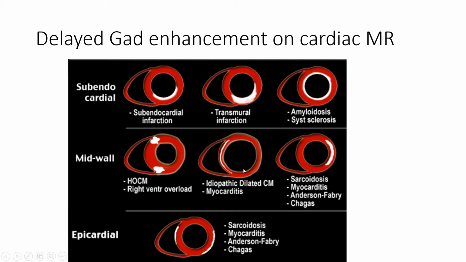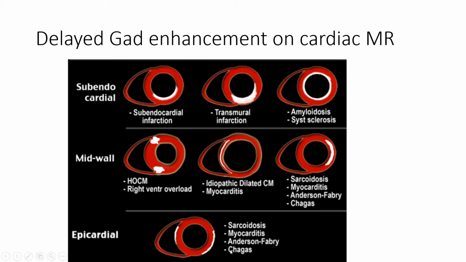If there is mid-wall enhancement, but it is rather more involving the circumference, could be myocarditis or could be dilated cardiomyopathy. It can also be seen in cases of sarcoidosis, myocarditis, and Chagas disease. Epicardial delayed GAD enhancement, on the other hand, can be seen with sarcoidosis, myocarditis, Chagas disease, and Anderson-Fabry.